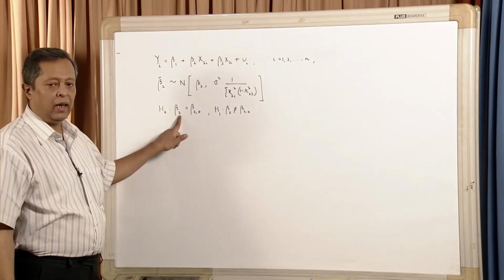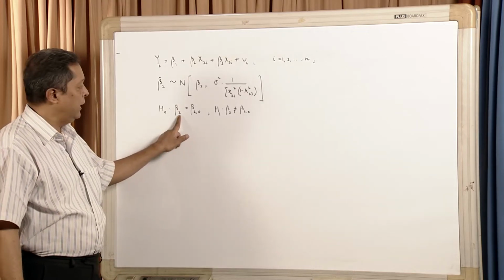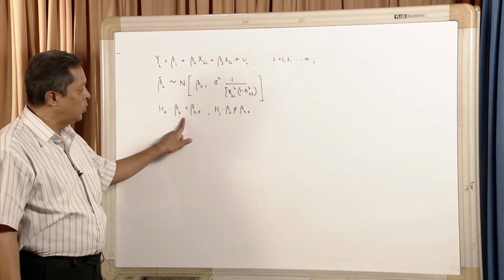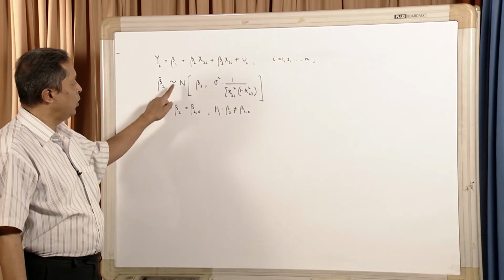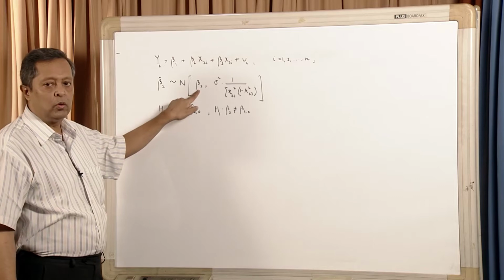Now, if the null hypothesis is true, then beta 2 hat will follow a normal with mean beta 2 naught.